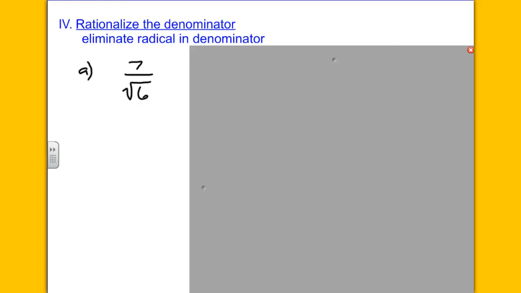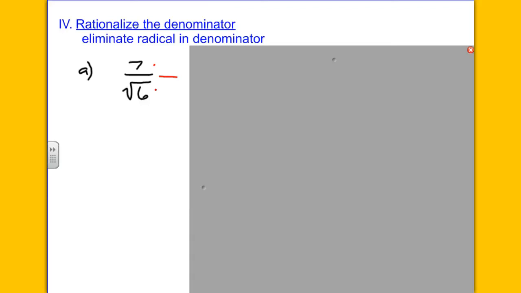So what could we do to the square root of 6 so that we can get rid of that radical down there? Now, we're really blowing up a fraction here. When we blow up fractions, we get an equivalent fraction. It has the same value, but it looks different now, right? So the question is, what are we going to multiply the top and bottom by so that the radical is gone?